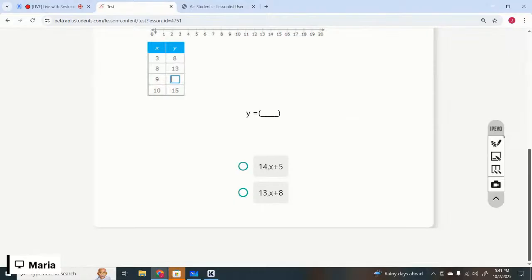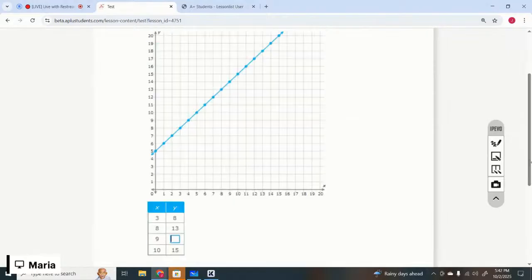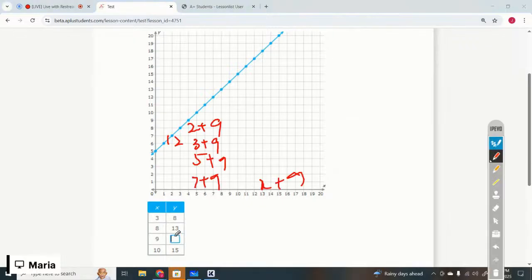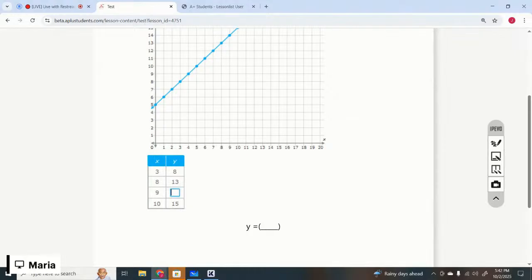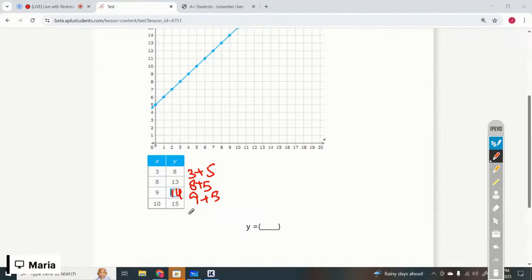Okay, when x equals 9, y equals 14. Now we need to find out the equation. 3 plus 5 is 8. 8 plus 5 is 13. 9 plus 5 is 14.